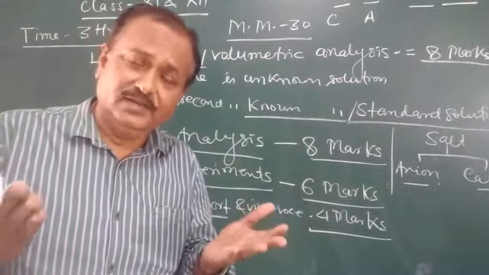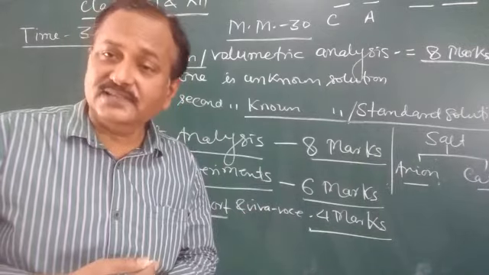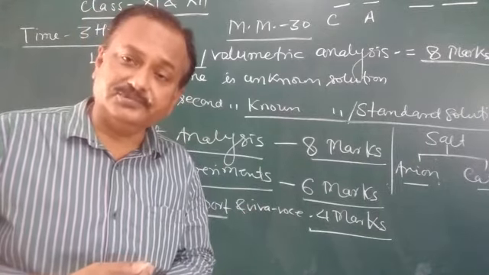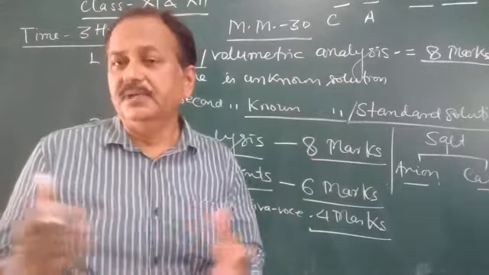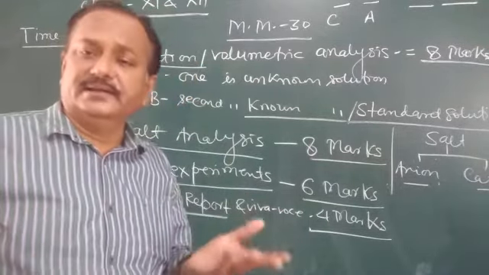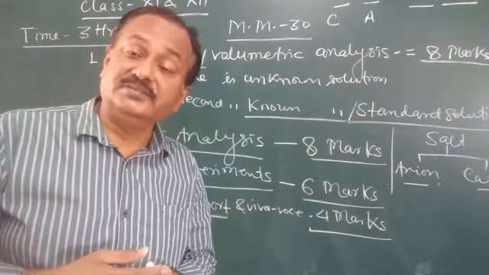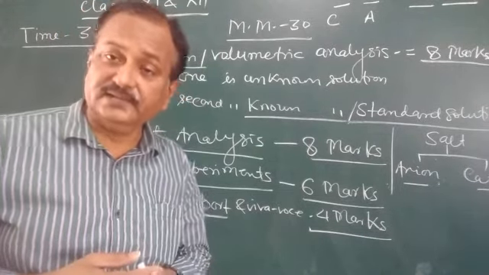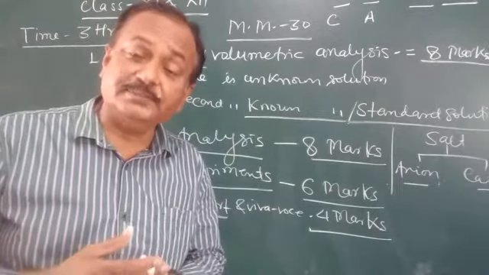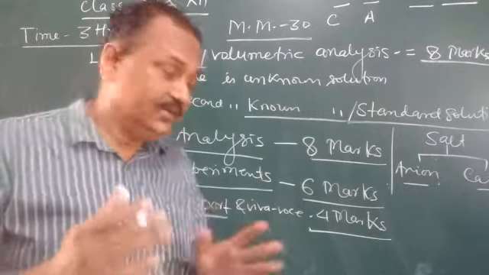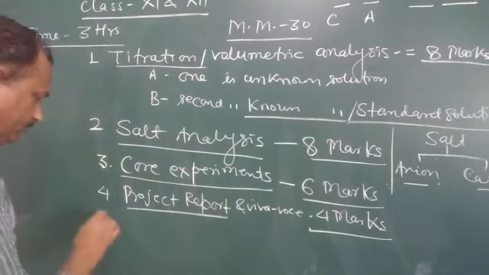Similarly, preparation of potash alum from aluminium foil or any aluminium vessel, by treatment with sodium hydroxide and then sulfuric acid. Or separation of dyes and pigments by chromatography. So this is 4 marks.